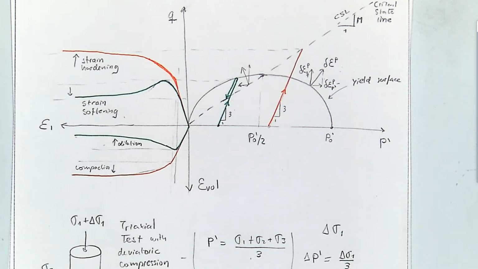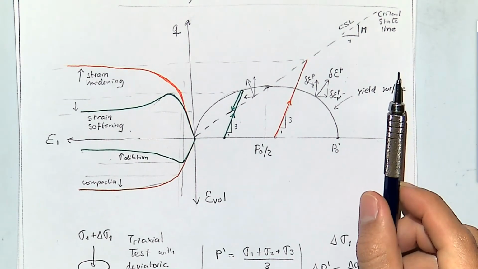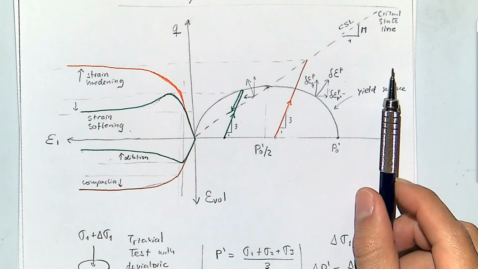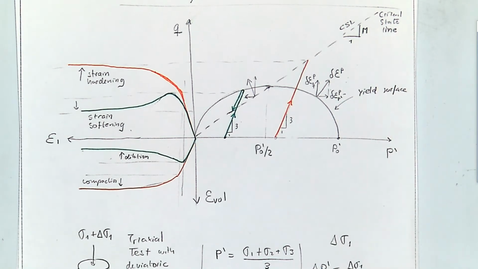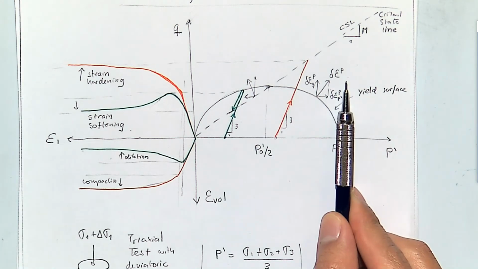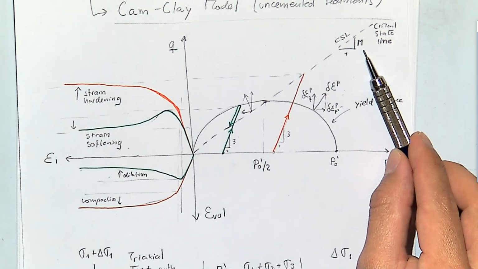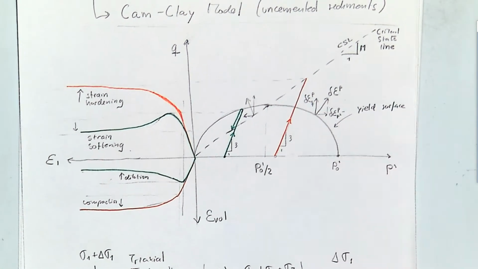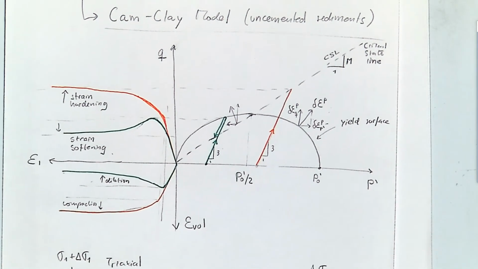let's try to see, now that we know the basic part, a little bit of the math that we need in order to predict these plastic strains. Because at the end of the day, all we want to do is to predict those plastic strains. And the first thing we want to do is to look at this line M, because that's going to be one of the two lines which is going to define this response.